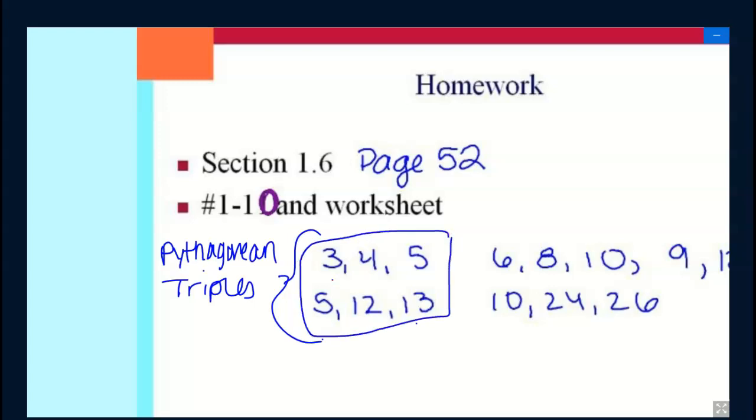And as long as you multiply all 3 numbers by the same number, you can get a new Pythagorean triple. So if I took the 3, 4, 5 and I multiplied everything by 5, you'd get a 15, 20, 25. That is still a Pythagorean triple, and it's still a right triangle.